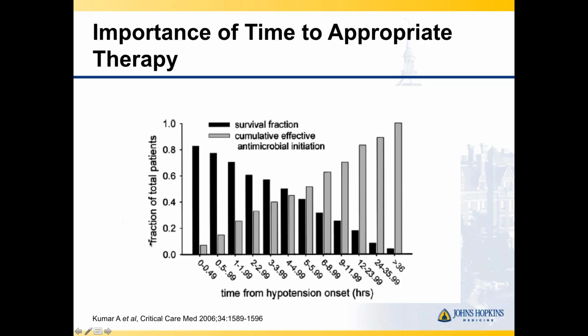In this study, about 80% of the patients survived if they received appropriate antibiotic therapy within the first hour after the onset of sepsis, which in this case was demonstrated by onset of hypotension. So for every hour of delay up to 6 hours, there was an increase in mortality by 7.6%. So getting patients who are septic and critically ill or bacteremic started on therapy in a timely manner is really important, and hours do matter.